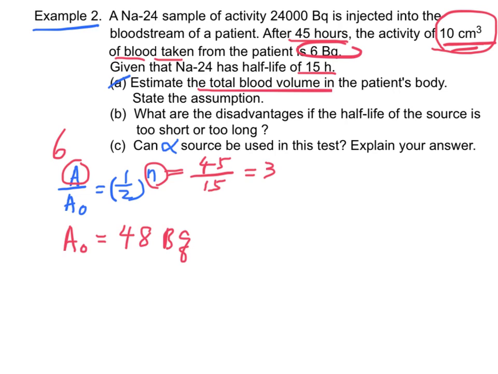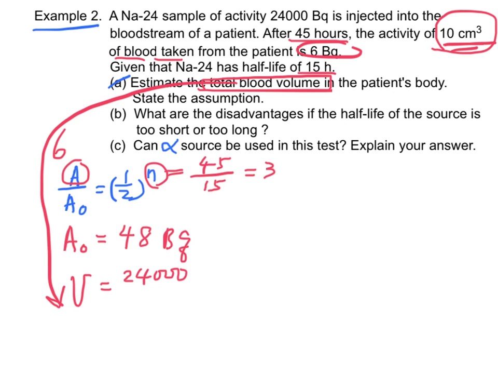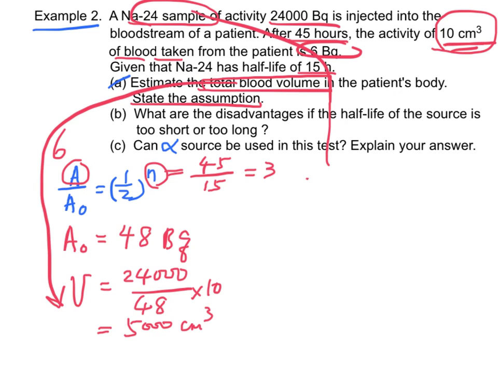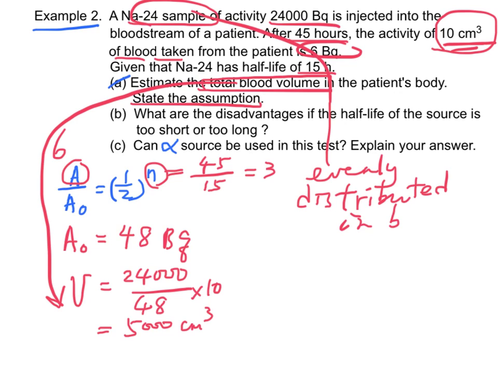Therefore, the total blood volume would be equal to the ratio 24000 over 48 times 10, which is equal to 5,000 cm cube or 5 liter. The assumption is that the sample is evenly distributed in the blood.